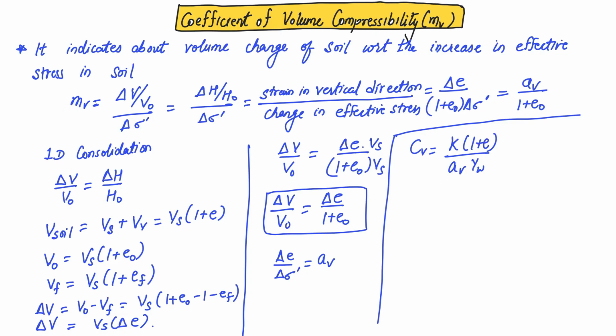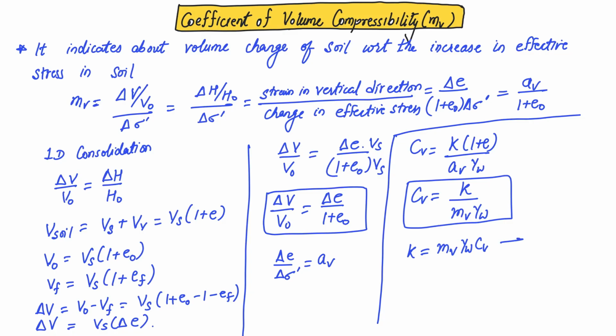That means cv is equal to k upon mv gamma w. And yes, this is the formula that you have used to derive or calculate the permeability of a soil, and that was k equals mv gamma w into cv. So that is your indirect method to determine the permeability of soil.